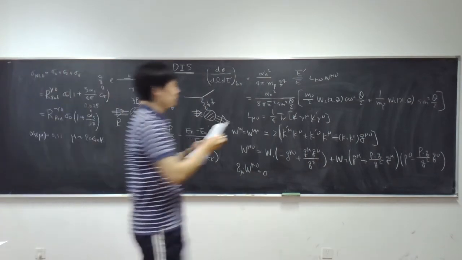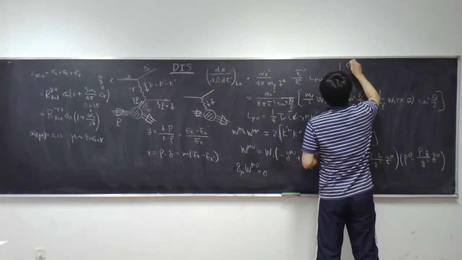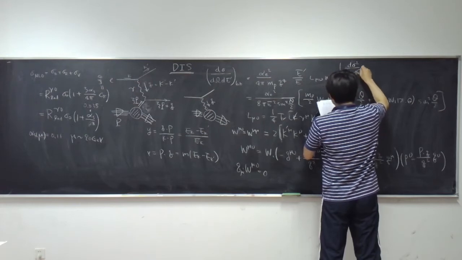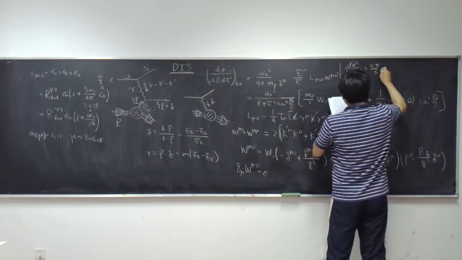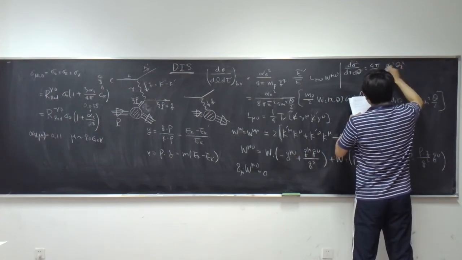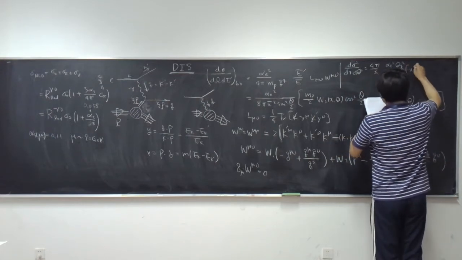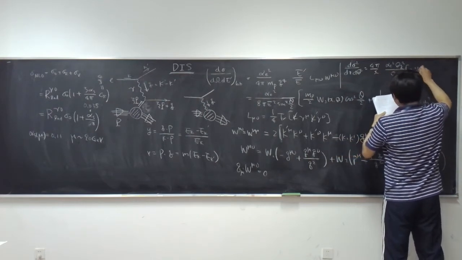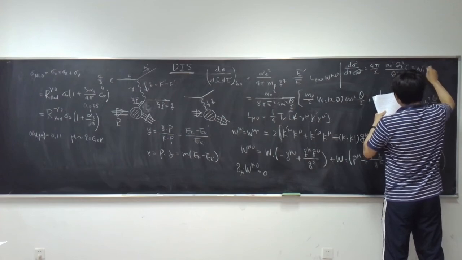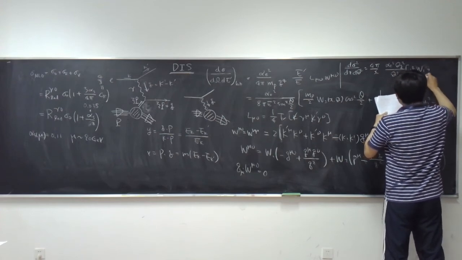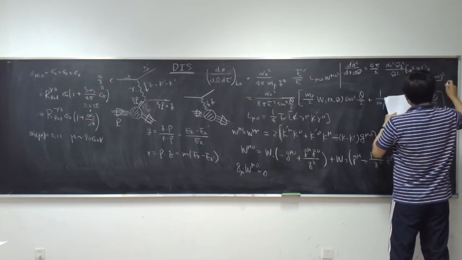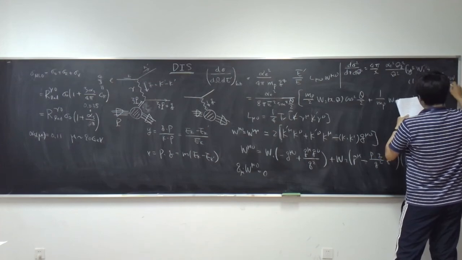But last time I wrote it in a different way. Last time, for the sigma, I used this notation: 4 pi alpha E squared over Q squared, Q squared times x, y, W, maybe y squared W1 plus 1 minus y over Q squared, and here W2 over x.